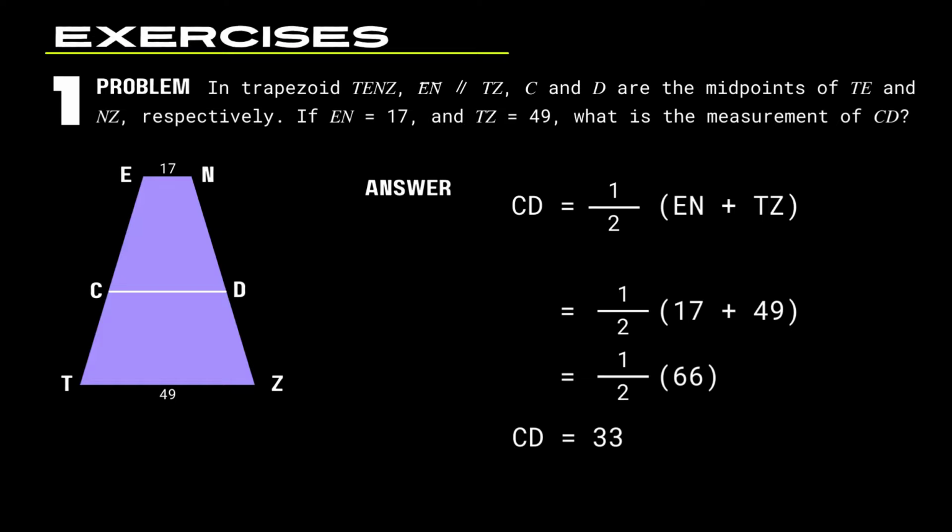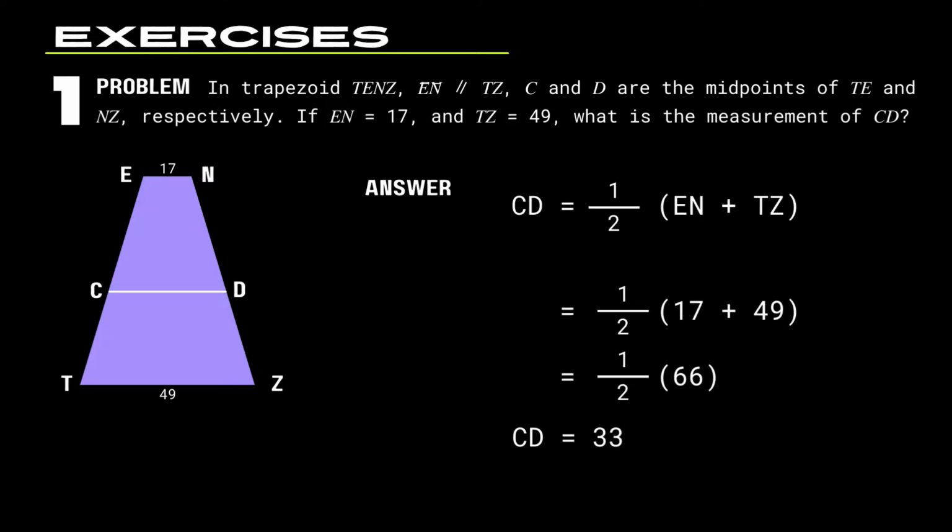Okay, to answer, we'll need the formula by the trapezoid theorem, which states the median of a trapezoid is parallel to each base and its length is one half the sum of the lengths of the bases. Meaning here, CD will be equal to 1 half multiplied by EN plus TZ.